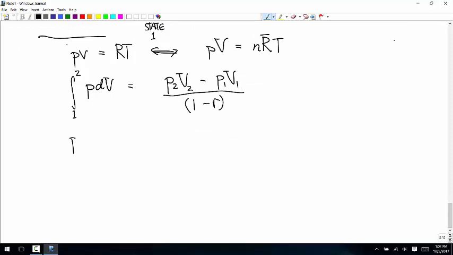Now we also know that PV is equal to nRT, and since this is a fixed quantity of material, n is constant during this process.